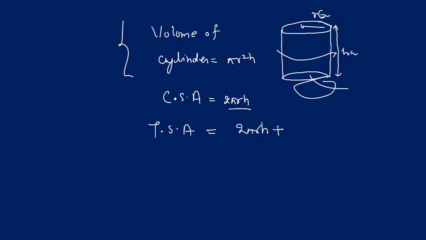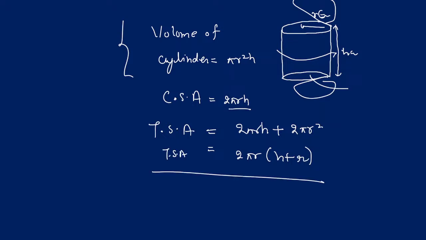We have to add the area of the 2 circular bases, then the area of the 2 circles is 2 pi r square, and you can take common 2 pi r and bracket h plus r. Then this is the total surface area of the cylinder. Got it?